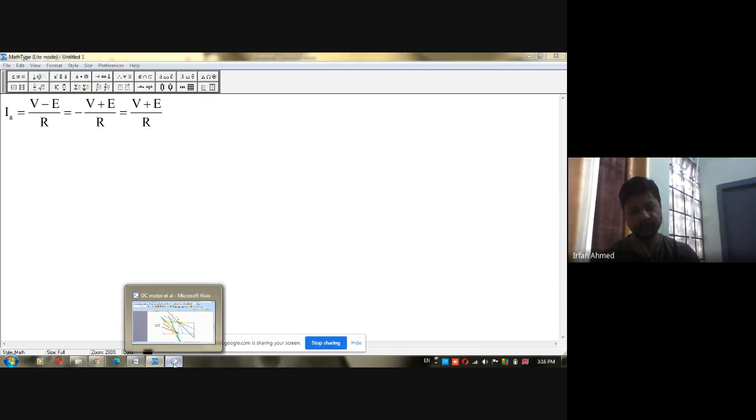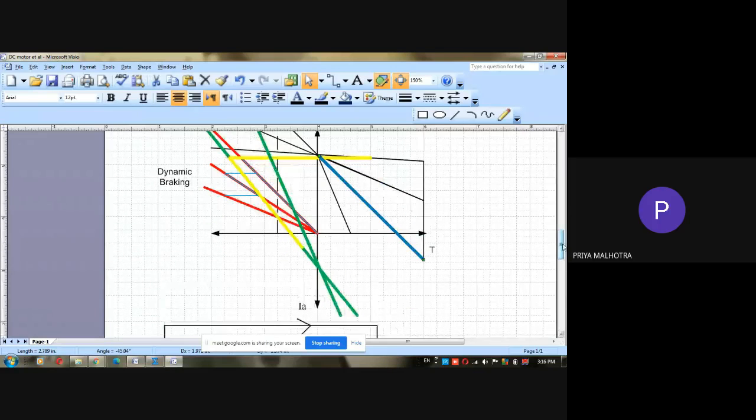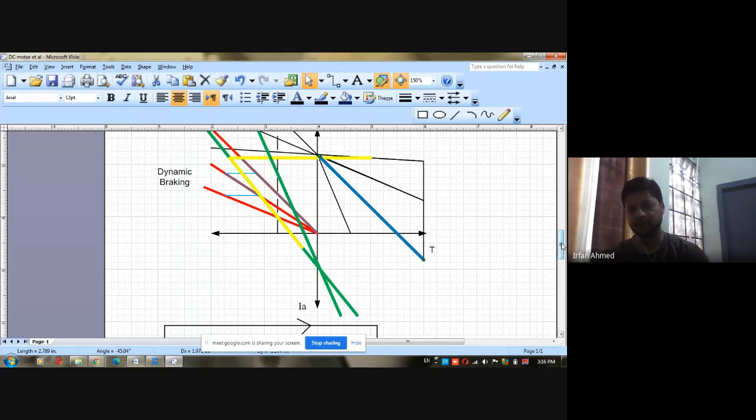Okay, is this clear? What I am saying is that if your load torque becomes such that you are trying to move the motor in the forward direction, but your motor starts rotating in the reverse direction, then also you are getting plugging or counter current braking without changing the supply.